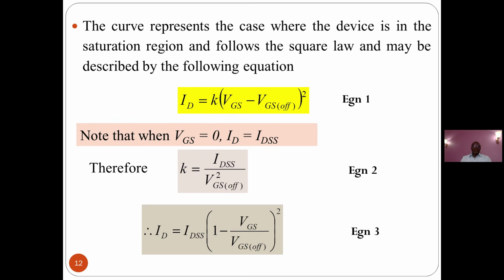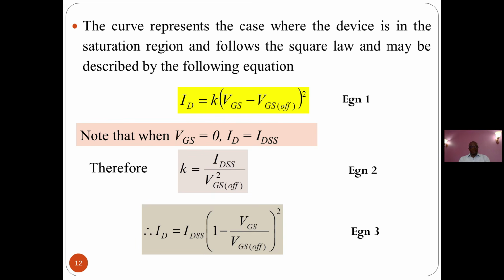And now, note that when VGS is equal to 0, ID is equal to I subscript DSS. That is, the drain current is equal to the drain current with gate shorted to source. Therefore, if you substitute that into equation 1, you can get the value of K, which is a multiplying constant with which the current rises sharply.